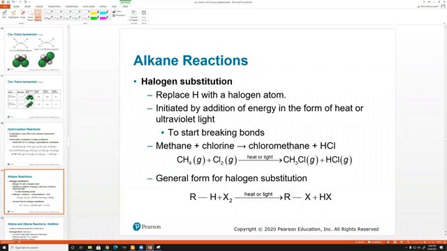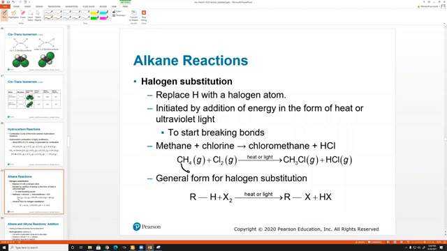And then we have the general form of this. In organic chemistry, there are 2 terms, the electrophile and the nucleophile. An electrophile is something that wants to pick up an electronegative atom. Carbon is pretty good at that.